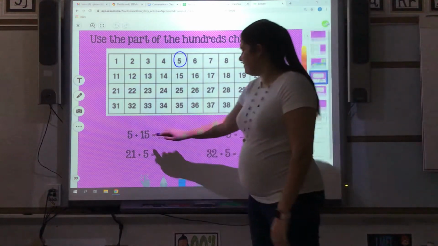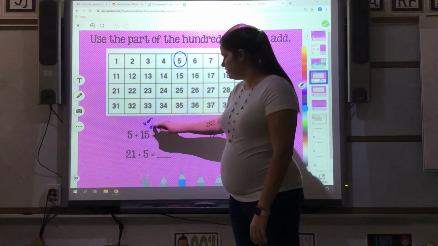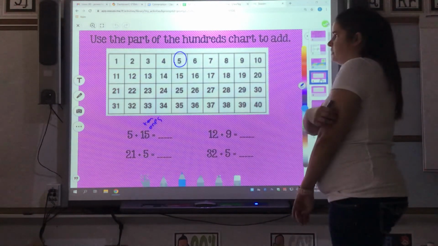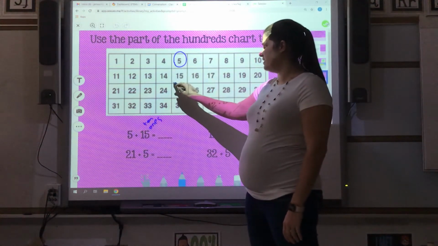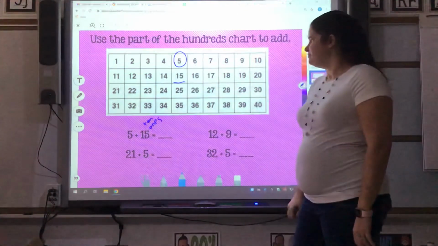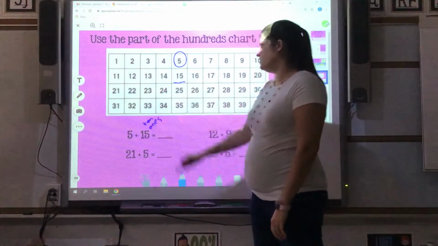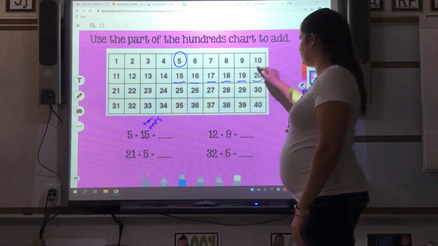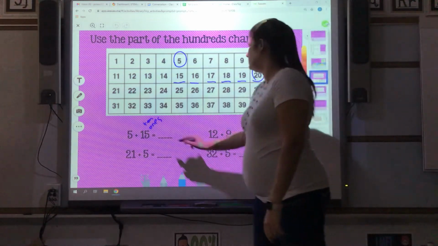So I know that 15 is 1 ten and 5 ones. So when I add 10 to 5, I come to 15. And then I need to add 5 ones. So I would go 1, 2, 3, 4, 5. So 5 plus 15 is equal to 20.